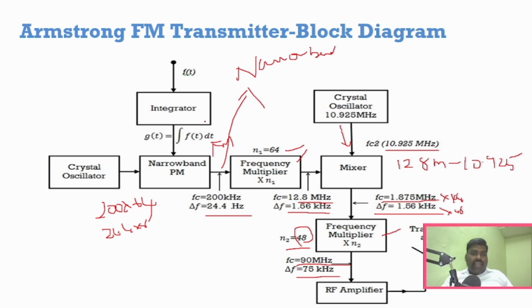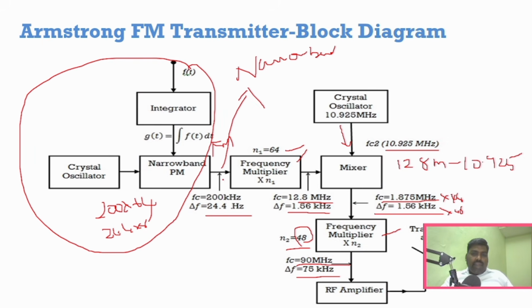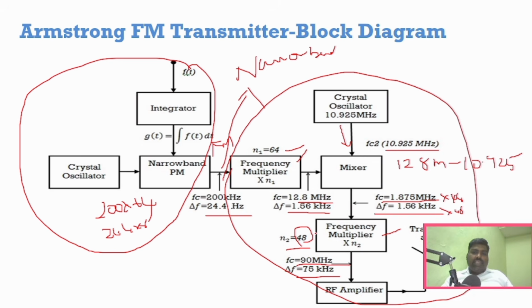Here we generate the narrowband FM, and that narrowband FM is converted into a wideband FM by using this particular circuit, with two frequency multipliers. You can see how the frequency changes here. We subtract the carrier frequency, and then once again it is multiplied.